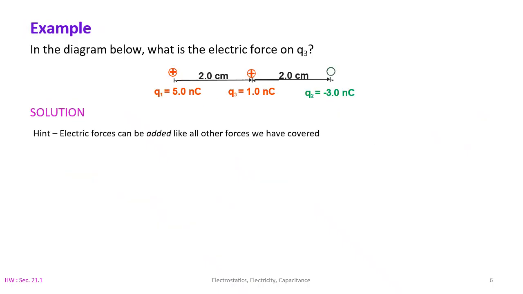Okay, so let's apply what we know. This is a one-dimensional system, so we don't have to worry about vectors. Okay, we're going to find the electric force on charge 3.